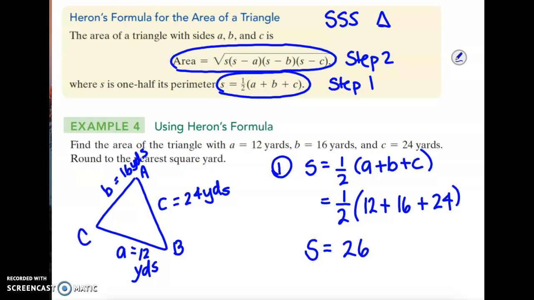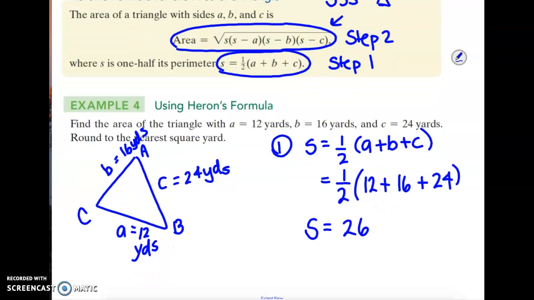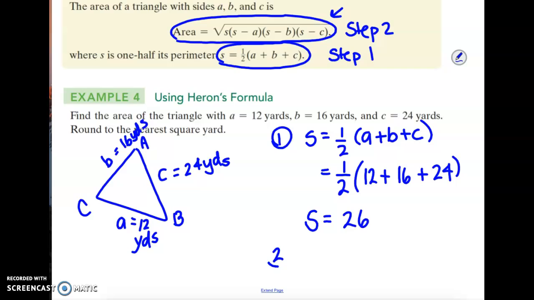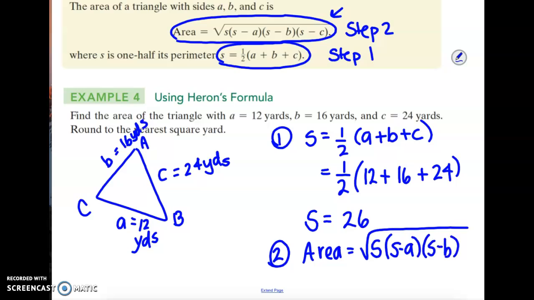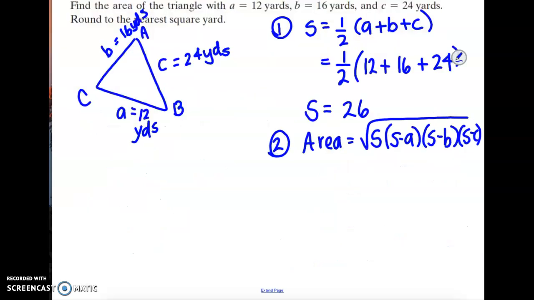So we're going to use step 2 here. Use this formula. Area equals the square root of S quantity S minus A times S minus B times S minus C. So now we're ready to sub in.